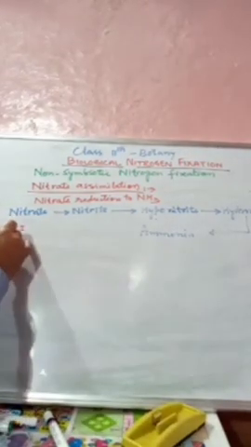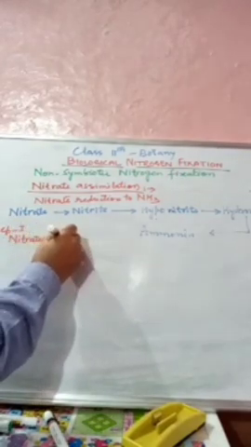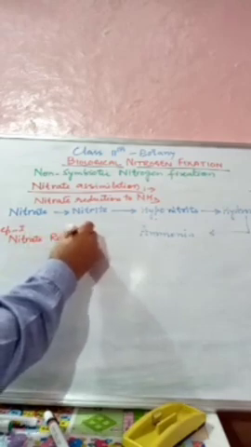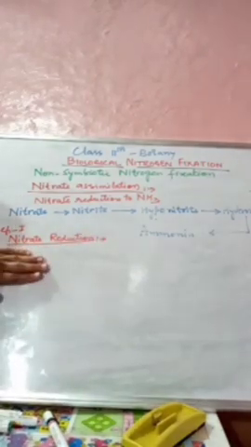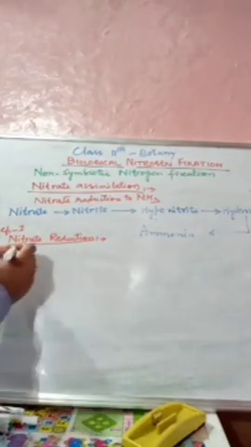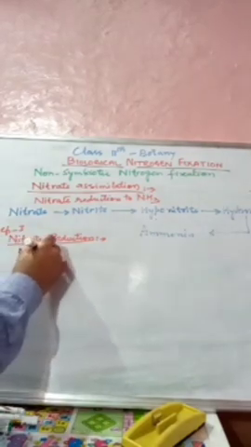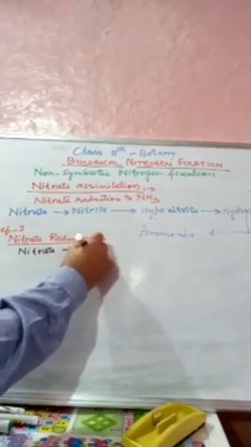What are those two steps? The first step is nitrate reduction. In this first step, nitrate is reduced to nitrite by an enzyme.